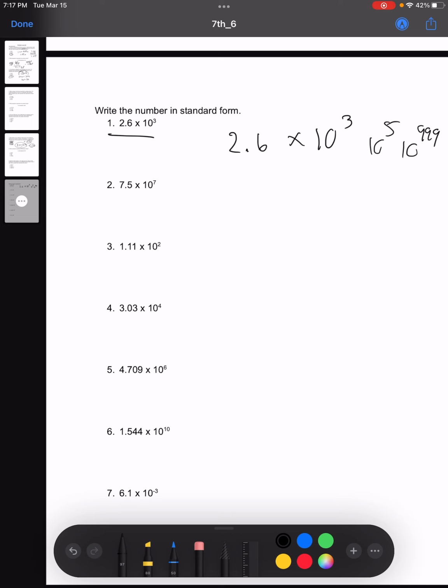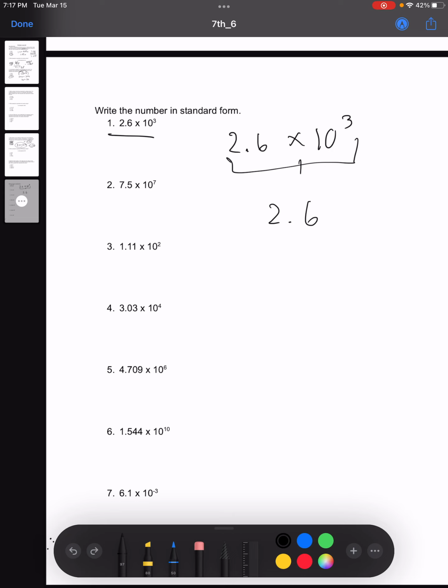As long as it's 10 to some exponent, we can use this technique. So all we need to do to simplify this expression into standard form is to move the decimal point to the right as many places as are in the exponent.